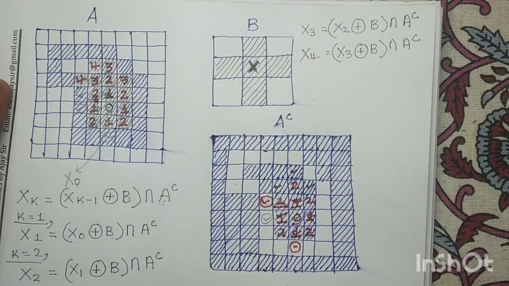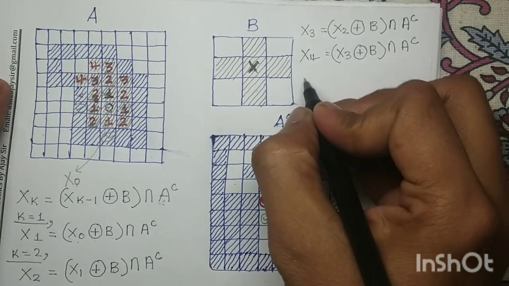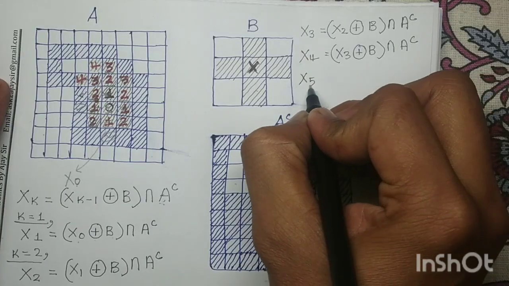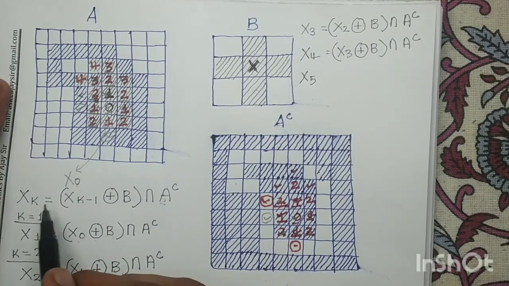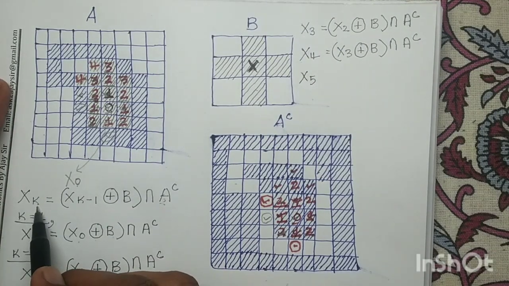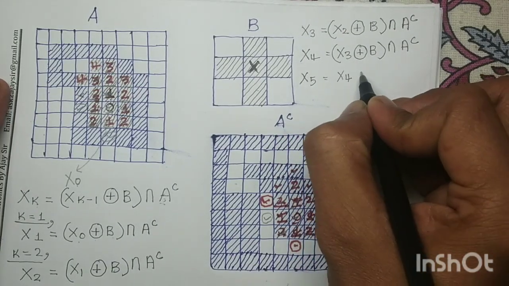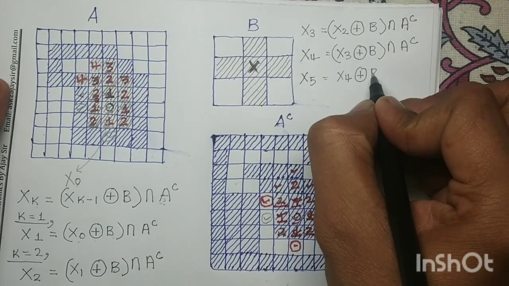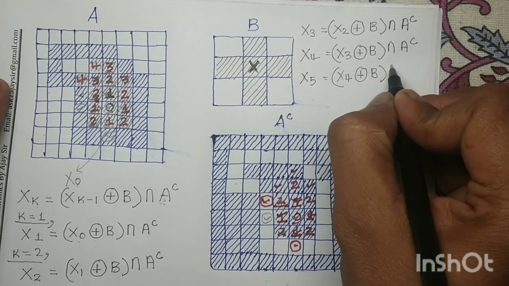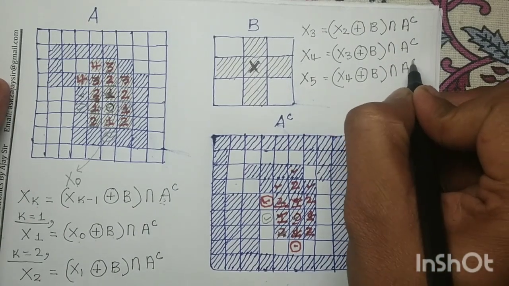After completion of the fourth iteration, next if you perform the fifth iteration, in this equation in place of k we will substitute 5. So the equation becomes X4 dilation with the structuring element B intersection with A complement.